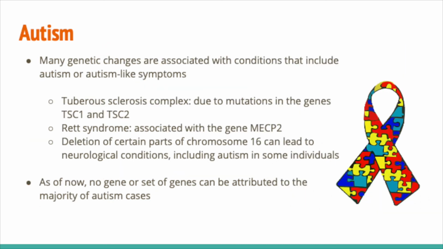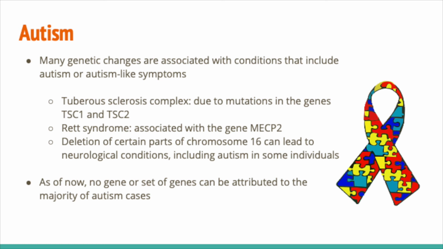I'm going to briefly talk about some of the genes that are associated with conditions that include autism or autism-like syndromes. Mutations in the genes TSC1 and TSC2 will lead to something called tuberous sclerosis complex, and this is highly associated with autism-like symptoms.